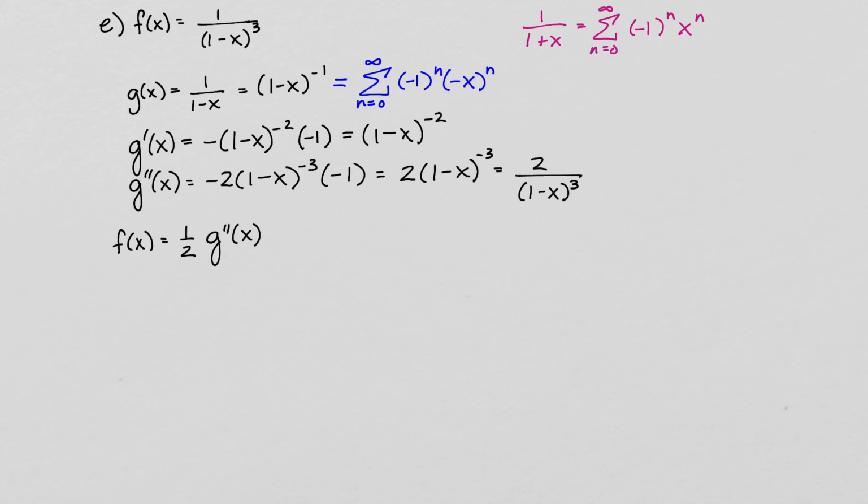And you could put those together, right? So this would be the summation n equals 0 to infinity of negative 1 times negative x, all to the n power, or the summation n equals 0 to infinity of just x to the n.